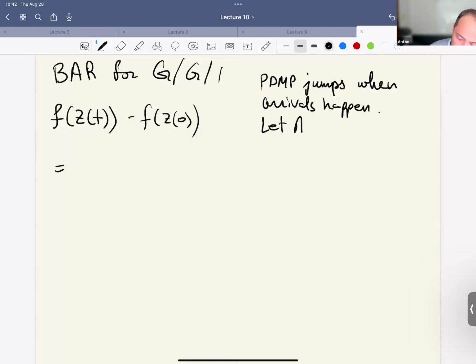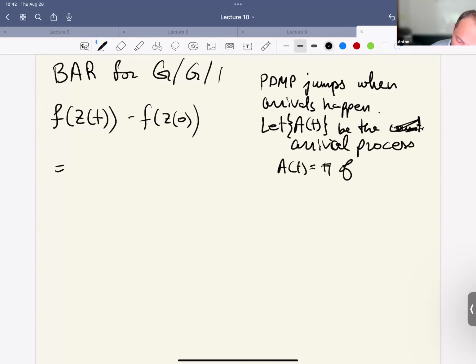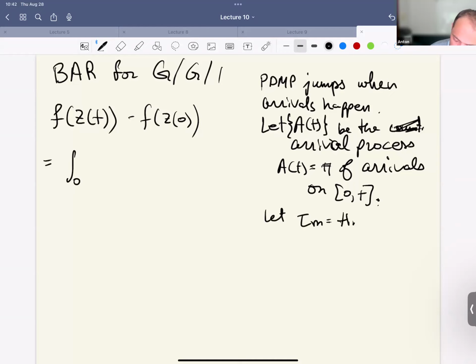Let A of t be the counting process, simply the arrival process. So A of t is the number of arrivals on 0 to t. Now we take this object and integrate from 0, and let tau sub m be the time of the mth arrival.